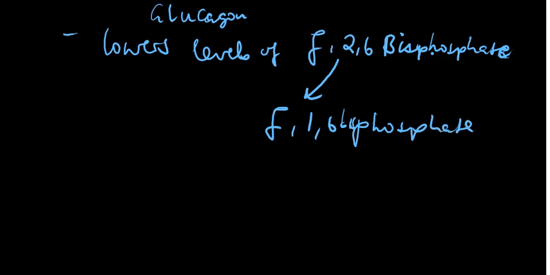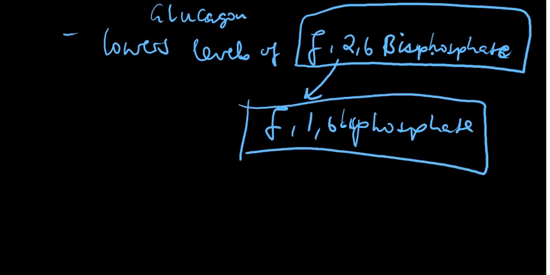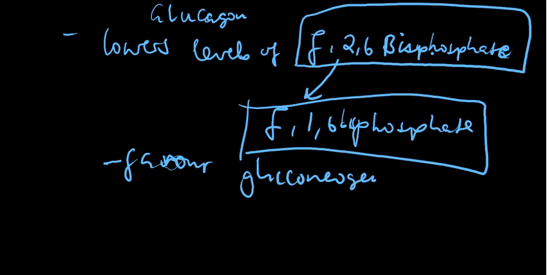Now, if this fructose 2,6 bisphosphate has been lowered, it means fructose 1,6 bisphosphatase can now function and it will favor gluconeogenesis.